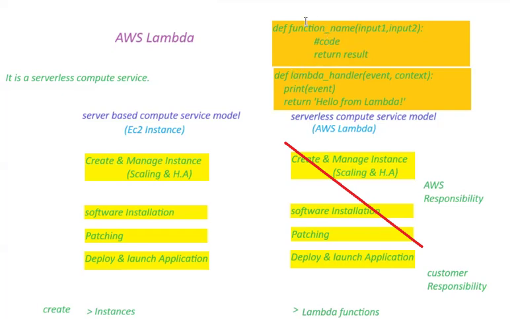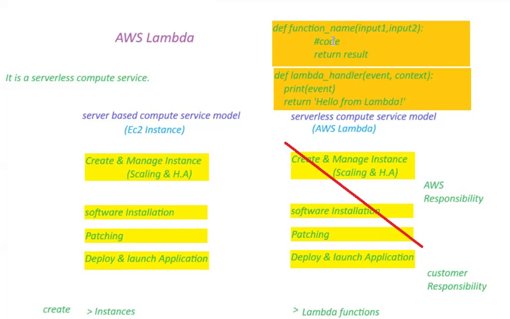You can see the function name, Lambda handler here, and the input parameters we're passing, input 1 and input 2, and you write your code here. What does this code indicate, sir? This code indicates your business logic.